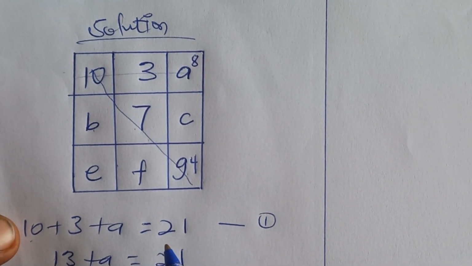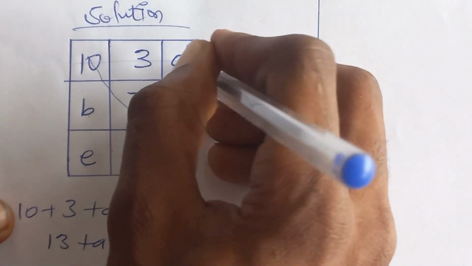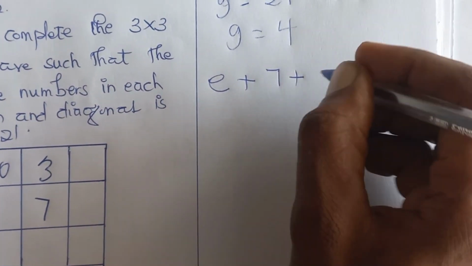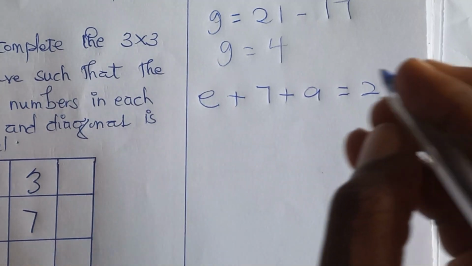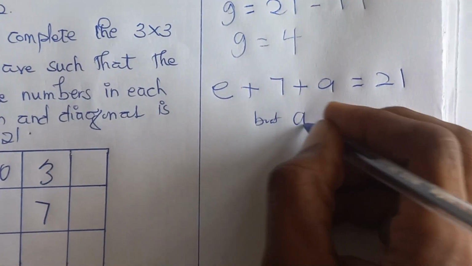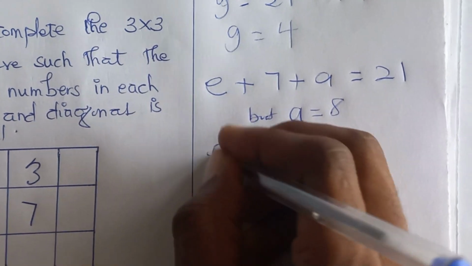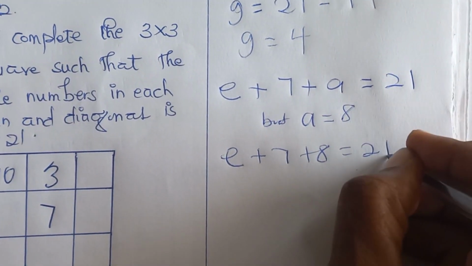Let's take E plus 7 plus A. So we have E plus 7 plus A should be equal to 21. But don't forget, A is equal to 8. So it's going to be E plus 7 plus 8, which is 21.